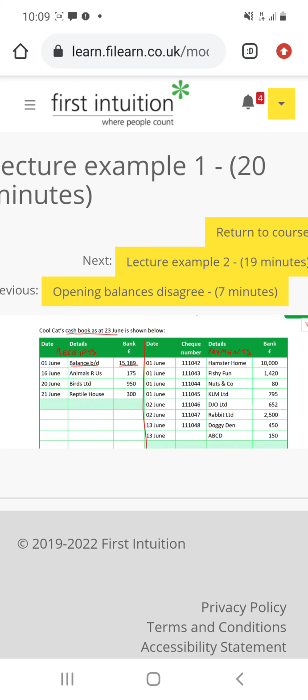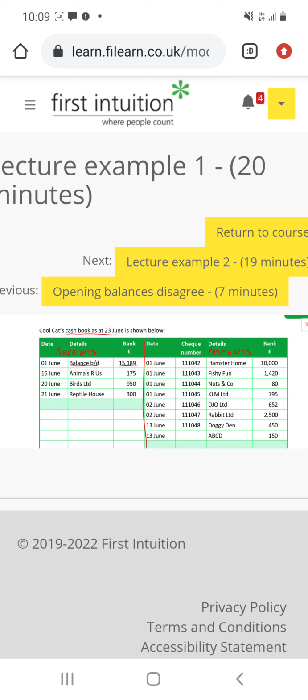So that agrees. We have an agreement at the start of the period, so we haven't got any reconciling items from the previous period hanging about that are potentially causing a problem.